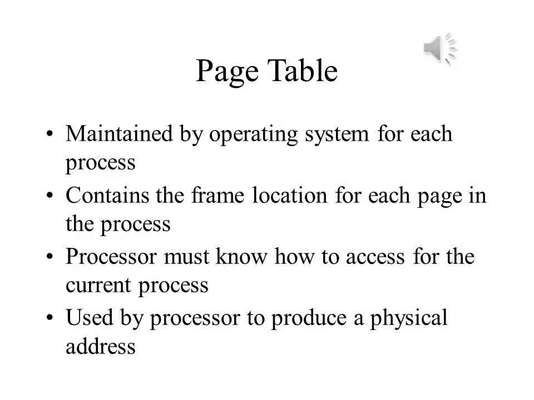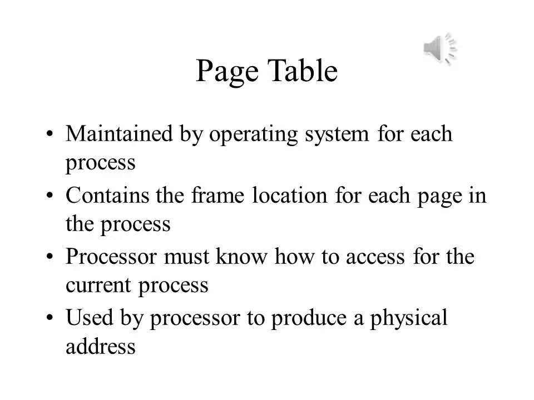Within the program, each logical address consists of a page number and an offset within the page. Recall that in the case of simple partition, a logical address is the location of a word relative to the beginning of the program. The processor translates that into a physical address.